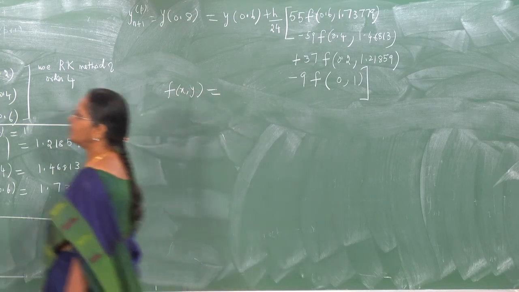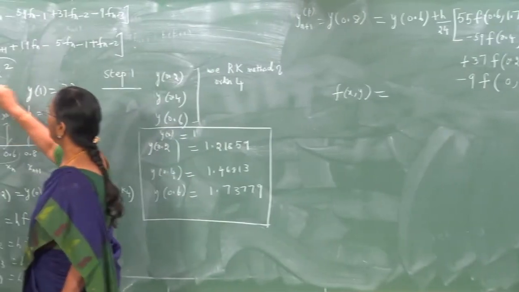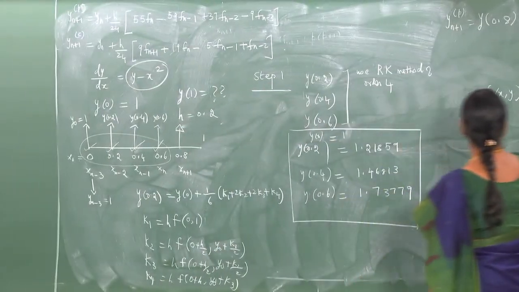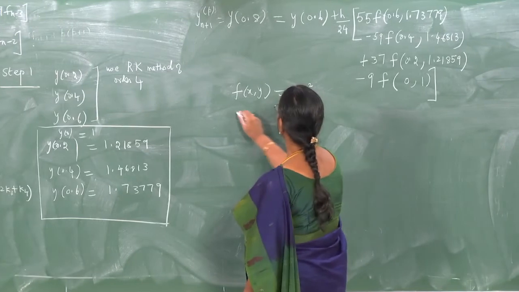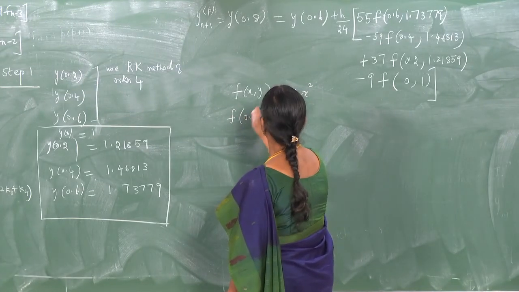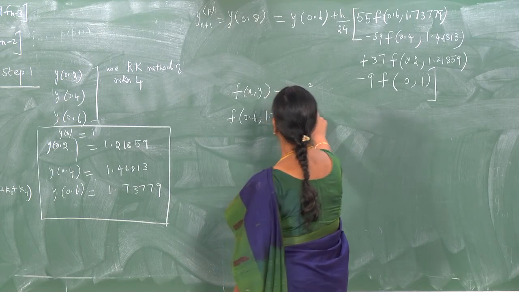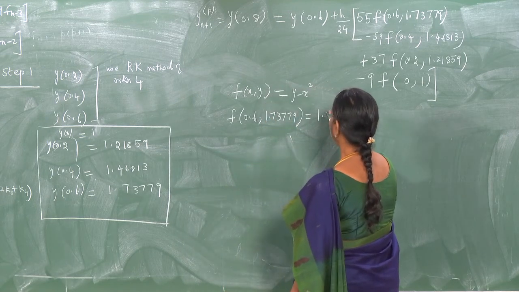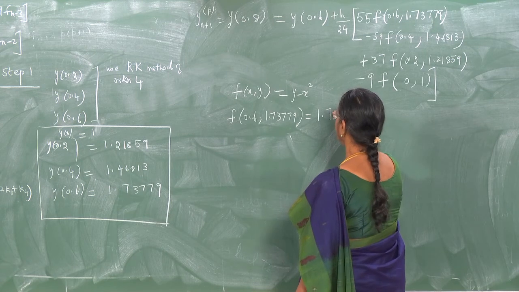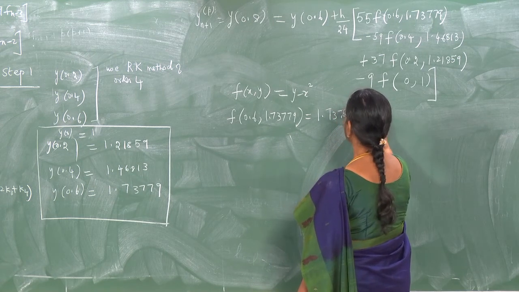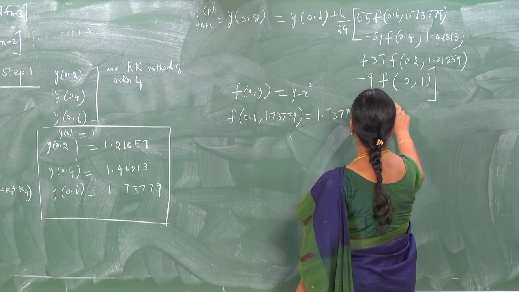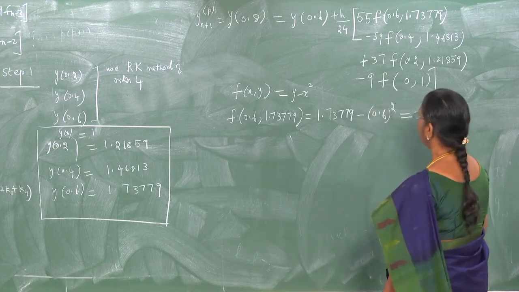The problem tells you that f of x comma y is y minus x square. So, you require f at 0.6, 1.73779. So, it is 1.73779 minus x square. So, 0.6 square.